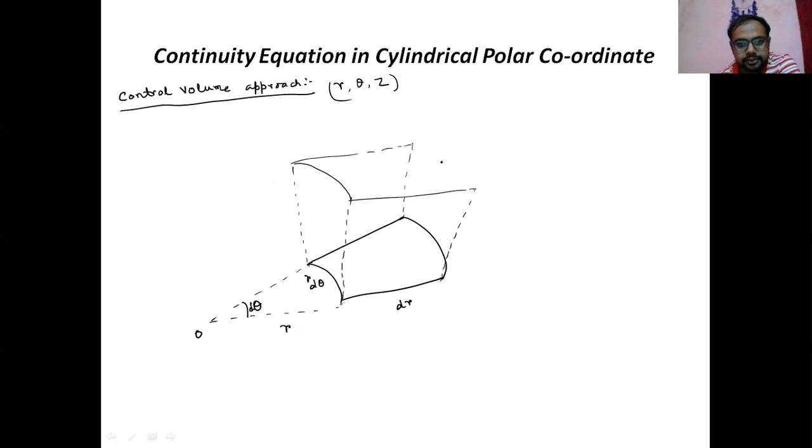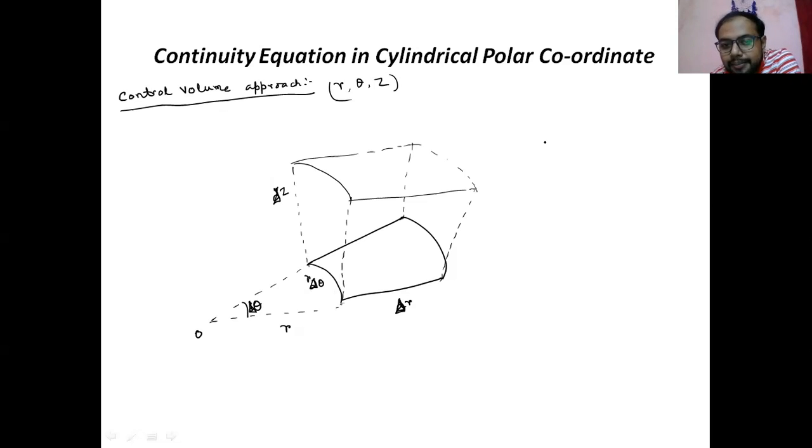The element is like this, with dz. So dr, r d theta, dz, or del r, r del theta, del z. A small element volume.